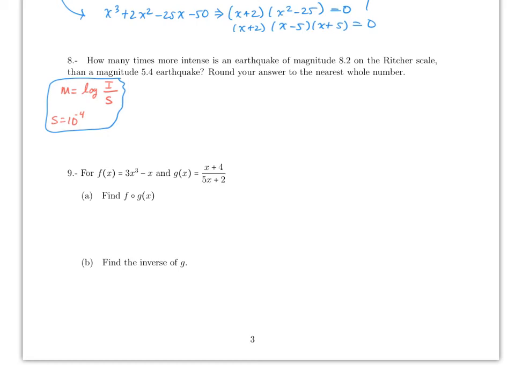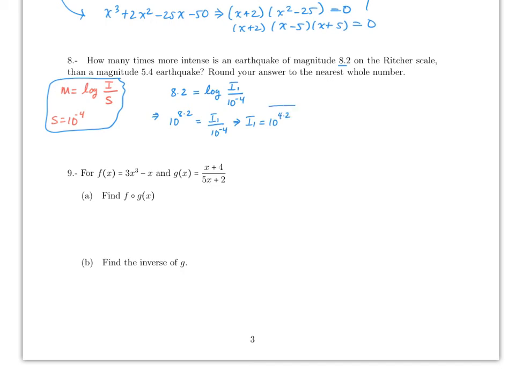Right, so for the first one, the 8.2, that was the magnitude, so that means 8.2 is equal to log of I1 divided by 10 to the negative 4. If we change from log to exponent, that means 10 to the 8.2 will be equal to I1 divided by 10 to the negative 4, which means I1 is equal to, if you cross multiply, 10 to the 4.2.